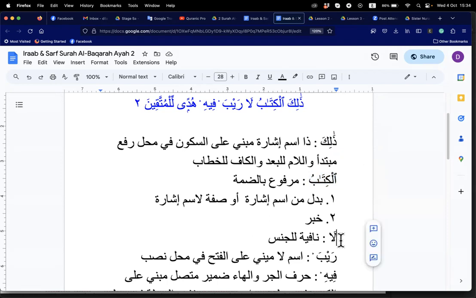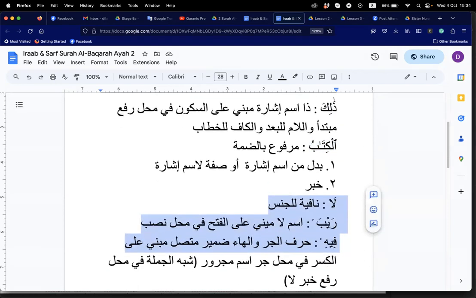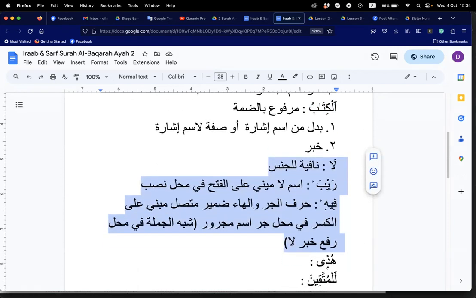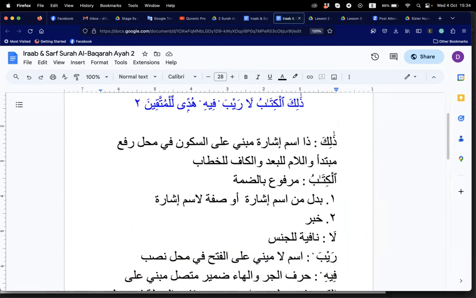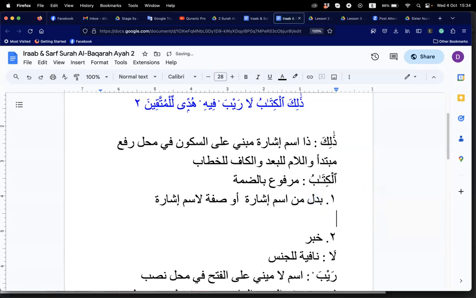And then this is basically our next sentence. If you say that the kitab is badal of dhalik, then this sentence, the la roiba, is your khabar. So let me write first.